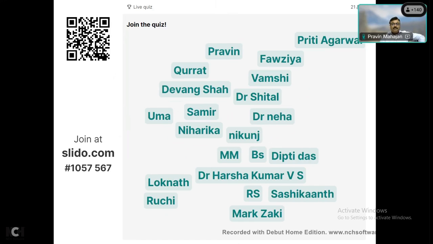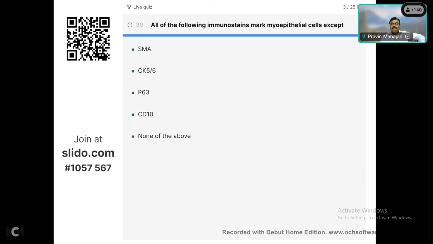Now I'll put up the quiz. All of the following immunostains mark myoepithelial cells except: first option is smooth muscle actin, second option is CK5/6, third option is P63, fourth option is CD10, and fifth option is none of the above. You have 10 more seconds to answer.